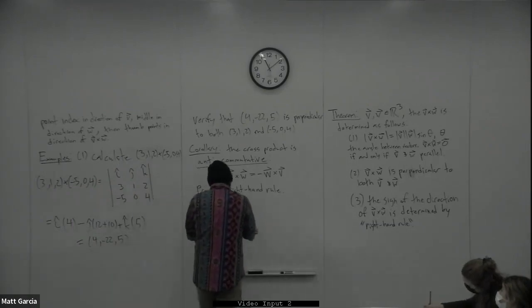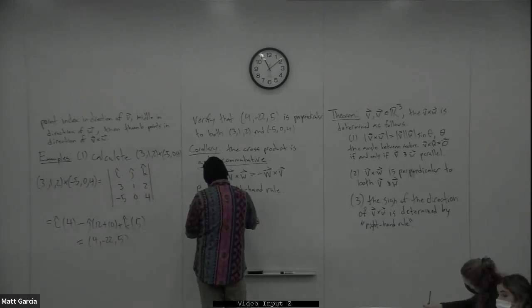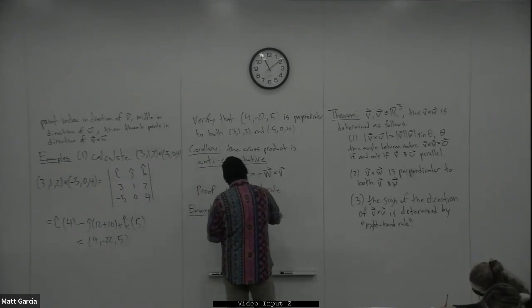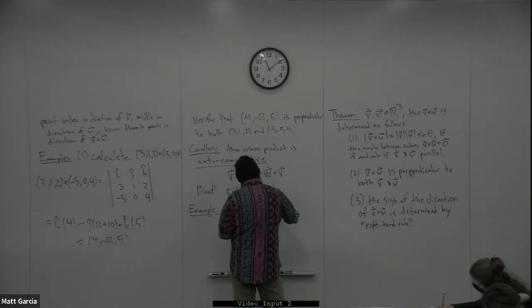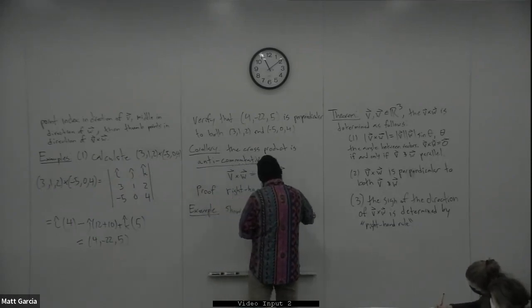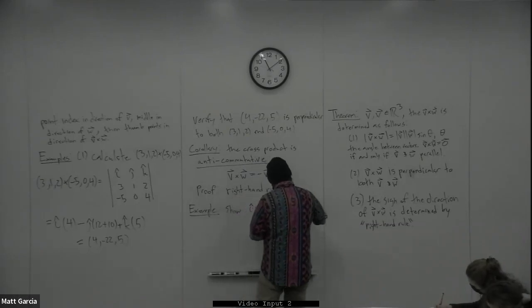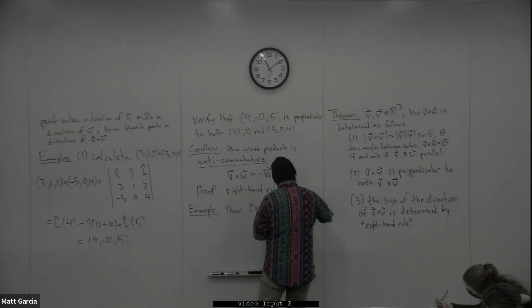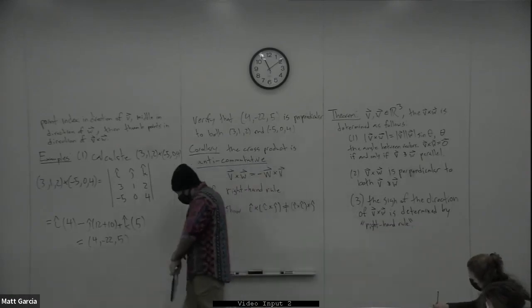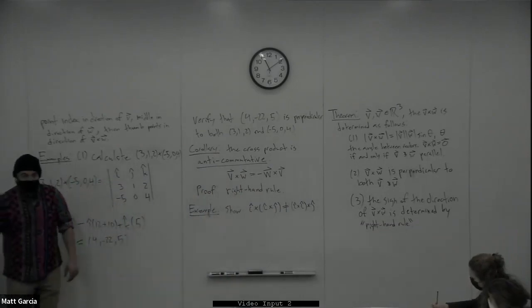Here's a quick example. Let us show that i hat cross j hat cross j hat is not equal to i hat cross j hat cross j hat.